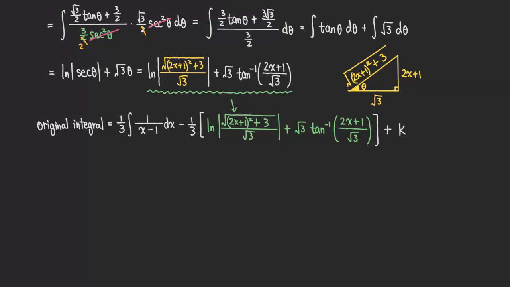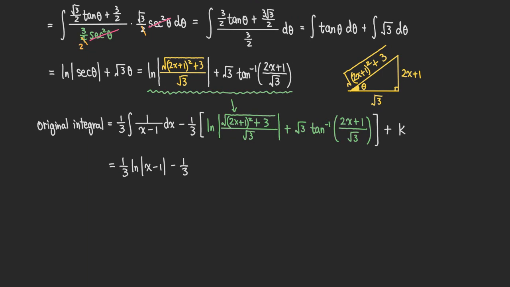And then there was a constant of integration, so we use k right here. We still need to integrate this and then maybe simplify. So we are going to get 1 over 3 ln of the absolute value of x minus 1. That one is easy to integrate, so that's the antiderivative. Now distribute the 1/3 to everything in here.